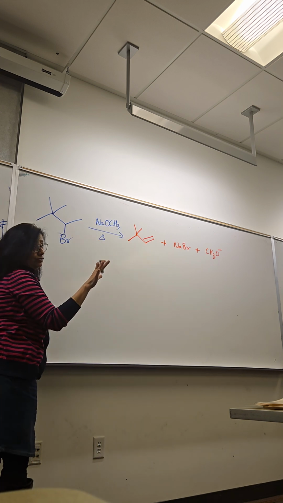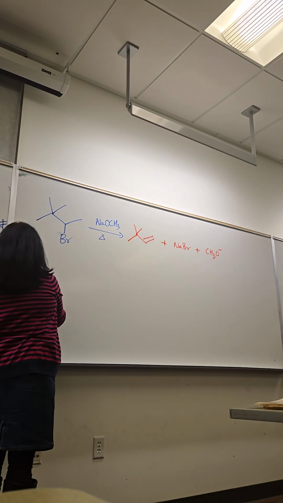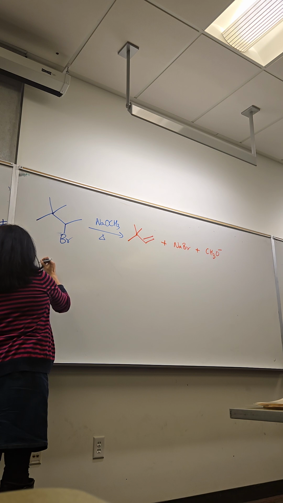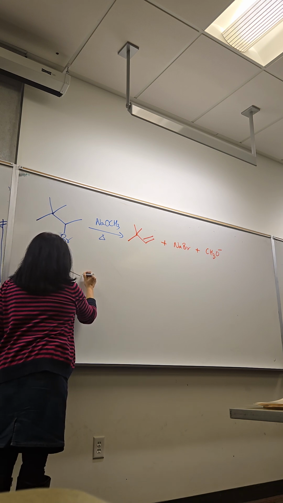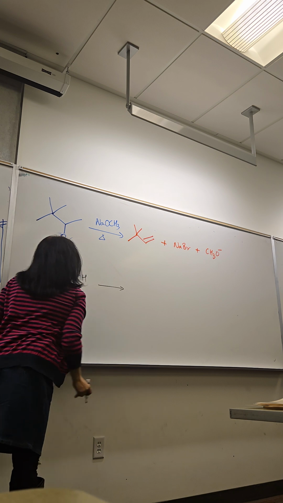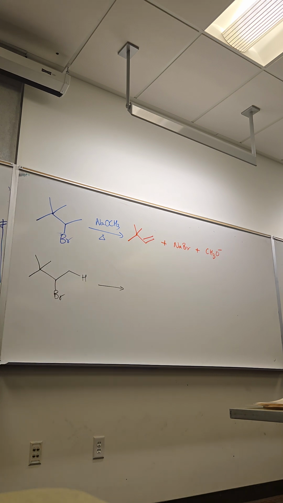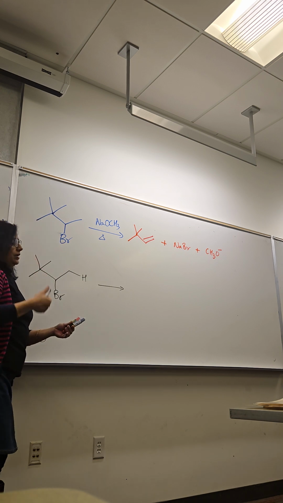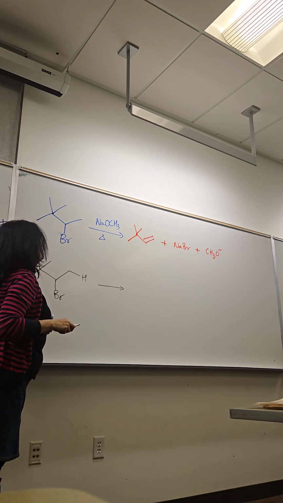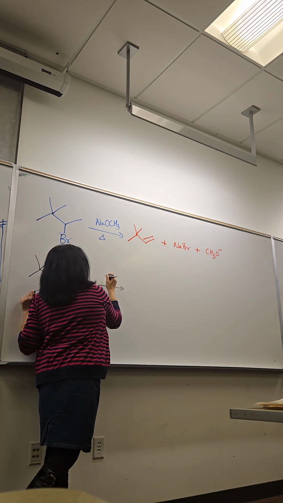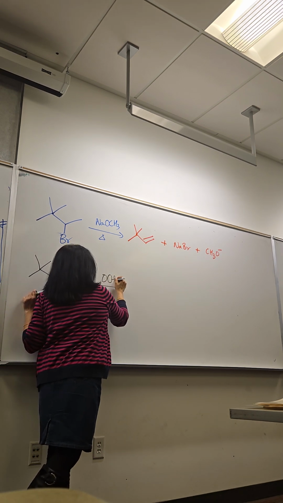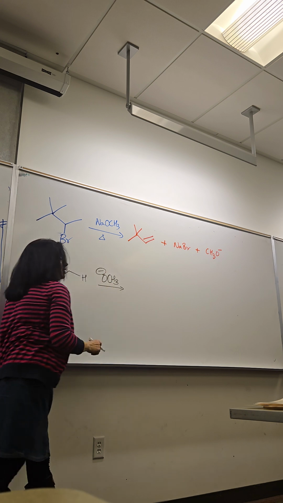First of all, E2. We're only thinking E2 right now. So everything is happening in one single step. What's the base? This time notice there's no nucleophile, we're talking about base now because there's a proton acid-base reaction happening. So what's the base here? OCH3 minus. It's the methoxide ion.